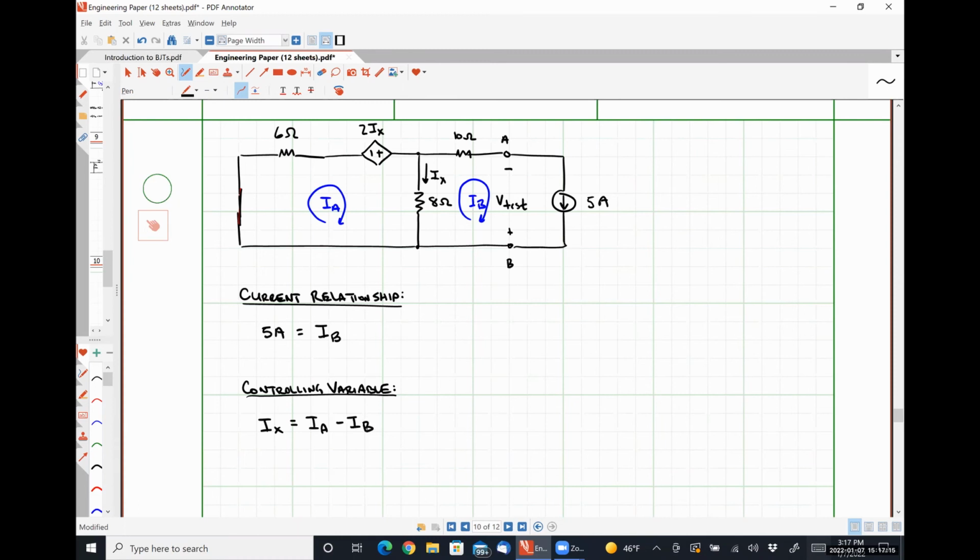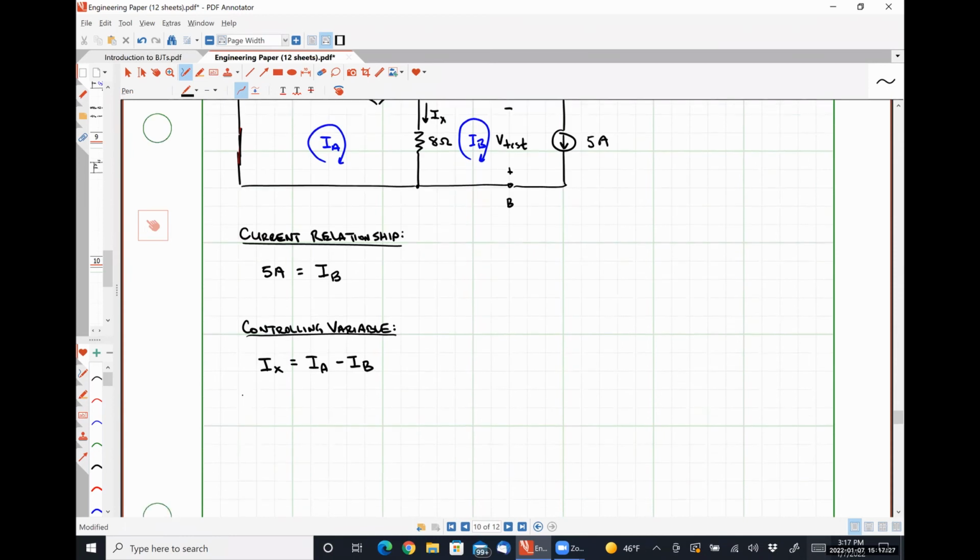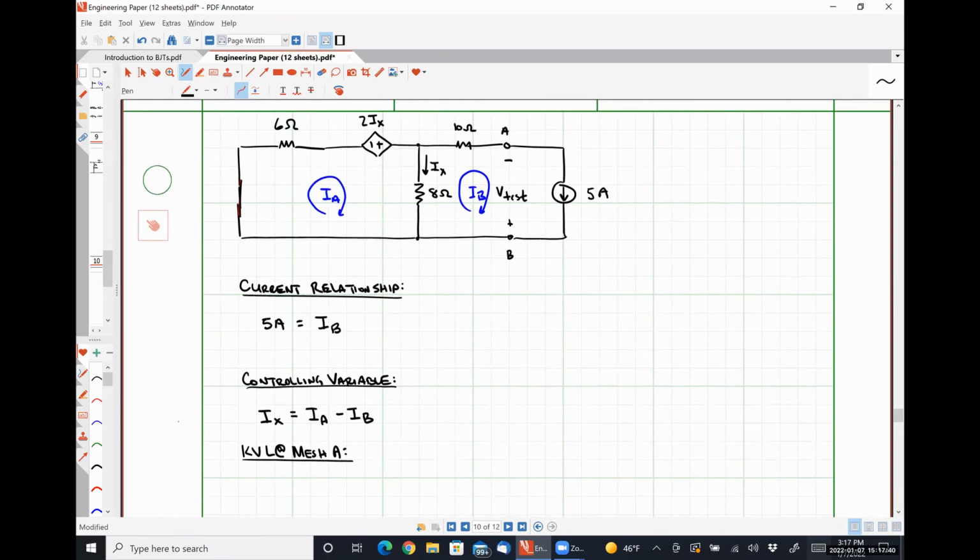So where's my third equation going to come from? Anybody? Yeah, so KVL equation around mesh A. So, Skylar, help me out with our KVL at mesh A equation, please, ma'am.